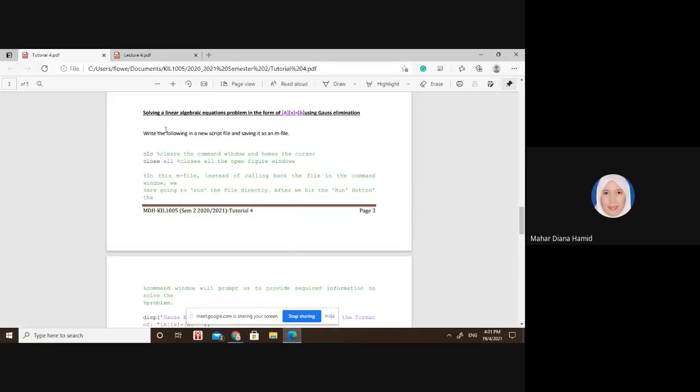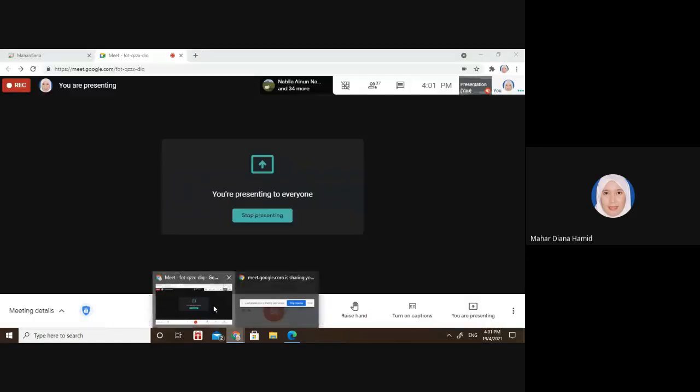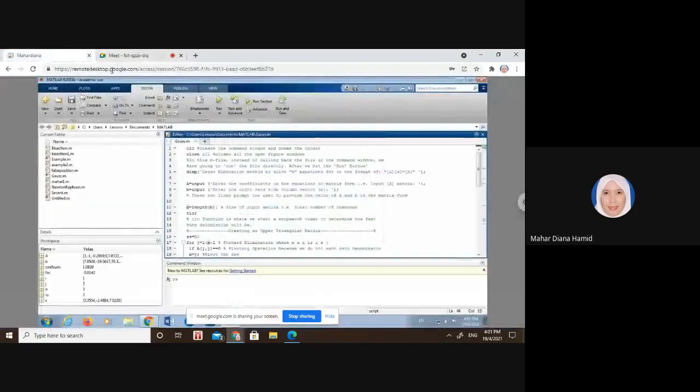Now, I presume that most of you already tried to do this tutorial, so I'm just going to run the code line by line. Okay, so I'm going to delete the green font.